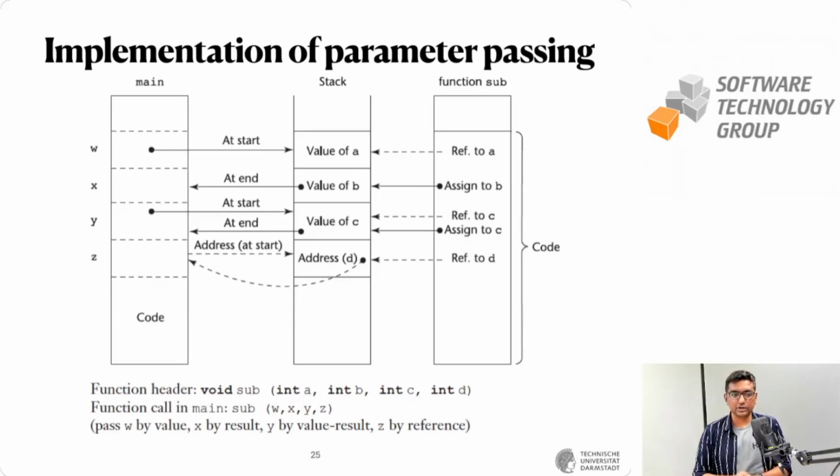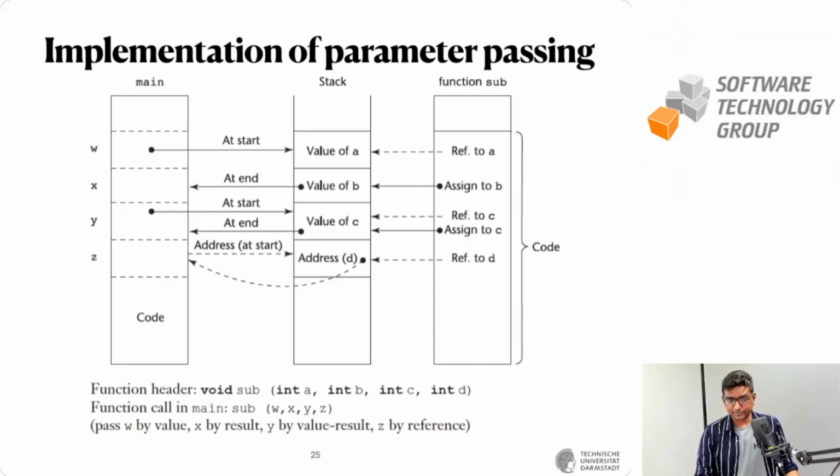We are going to assume that a is passed by value, b is passed by result, c is passed by value result, and d is passed by reference. Meaning during invocation, when you provide w, x, y, and z, w is passed by value, x is passed by result, y is passed by value result, and z is passed by reference. Now let's look at how this would be implemented in memory.